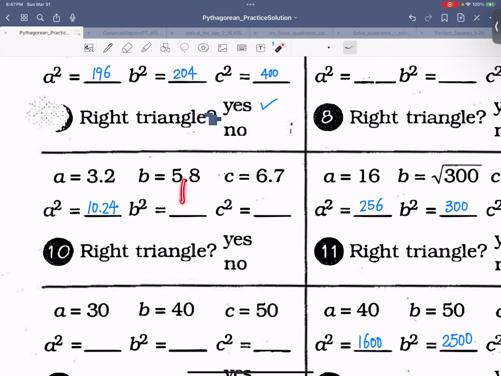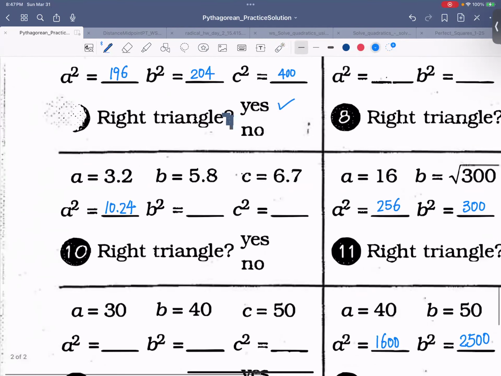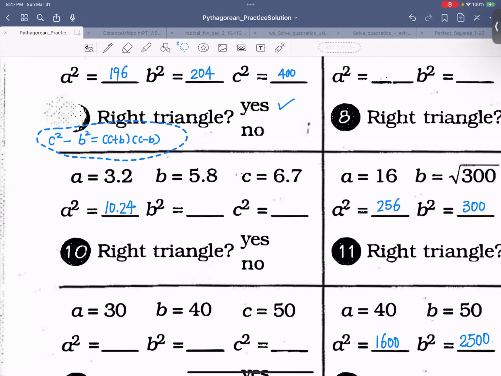And then this is 5.8 square. Look, I will show you guys how we do this one faster rather than figure out this way. C square minus B square is C plus B times C minus B. Okay? So C plus B becomes, go.